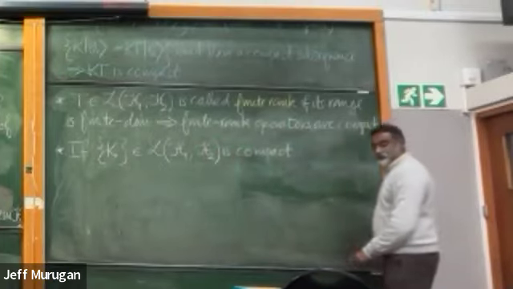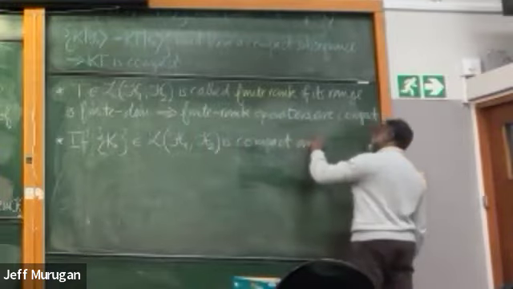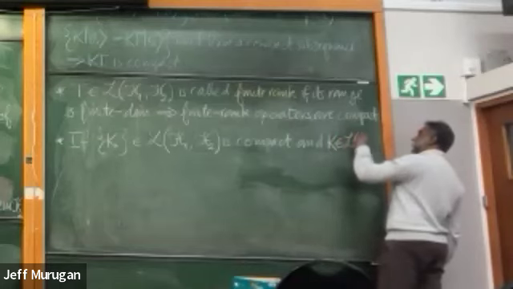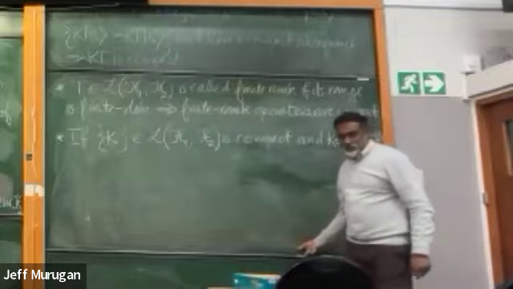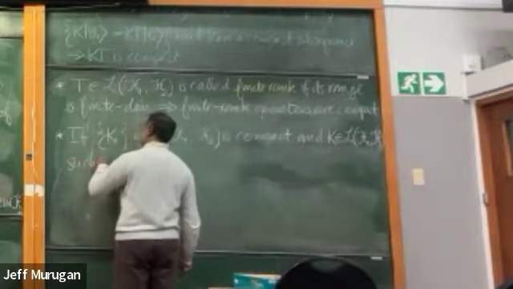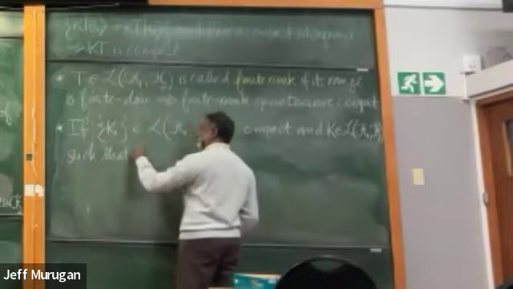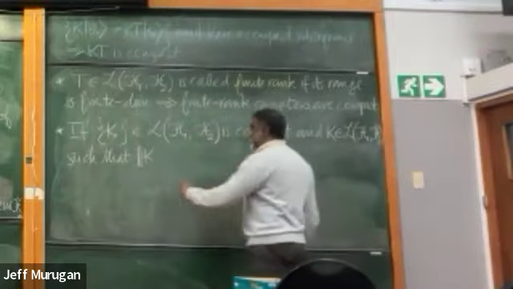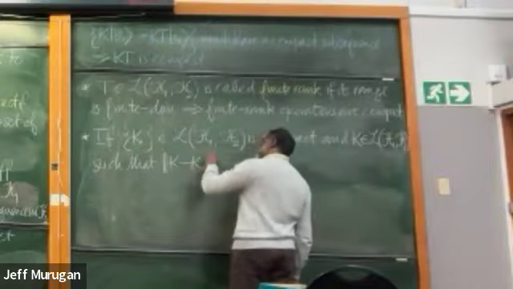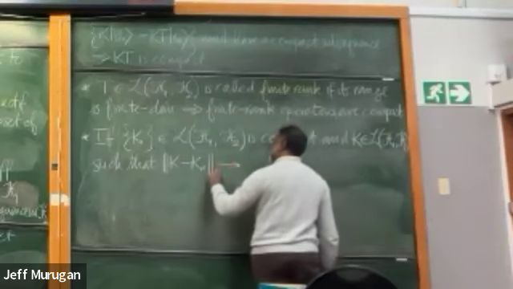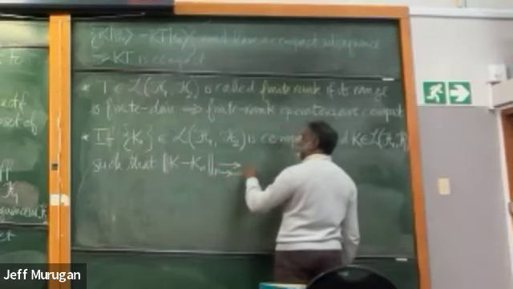And I've got some other K in the set of linear operators such that the sequence approaches K in the sense that if I calculate the norm of the difference between K and Kn, then as n goes to infinity, this goes to 0.